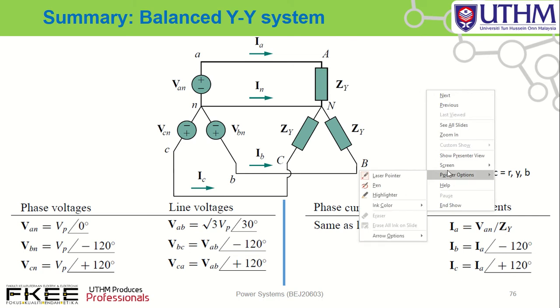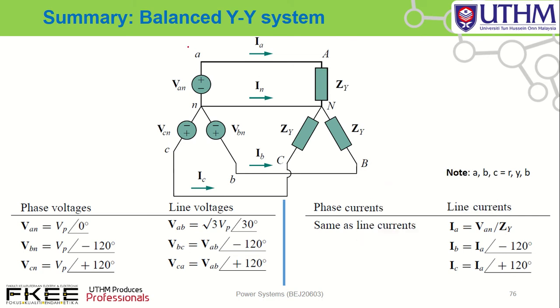In this case, you analyze according to phase A. From this phase, you can determine IA. IA equals VAN divided by ZY. Once you have IA, you can determine IB and IC.